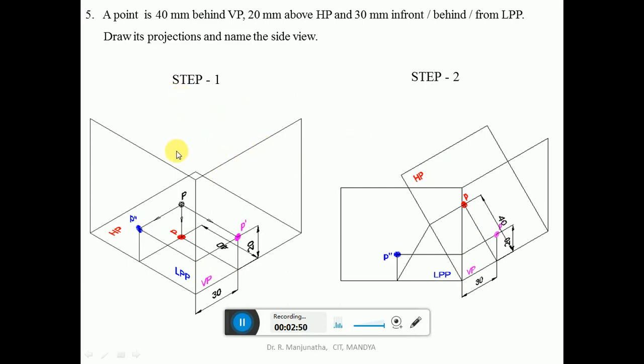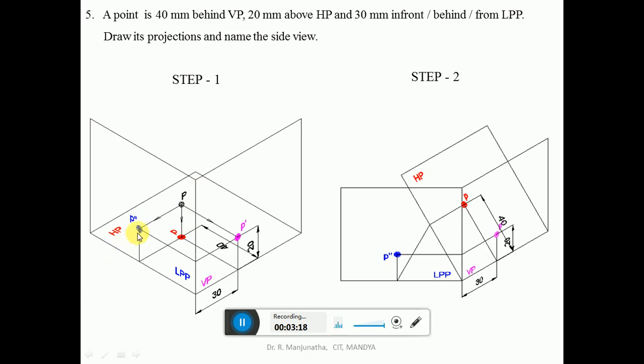Now when you look from the top view, the object, that is the point, is between the plane and the observer. When we view the object from the left side view, the plane is between the object and the observer. When we look from the right side view, the object is between the plane and the observer. It should satisfy the condition of the front view, that is, the plane is between the object and the observer. That condition is satisfied only when you look from the left side view.